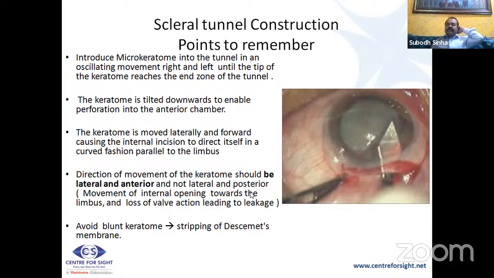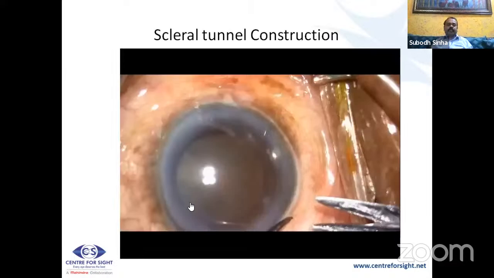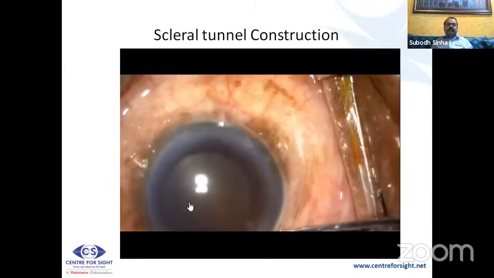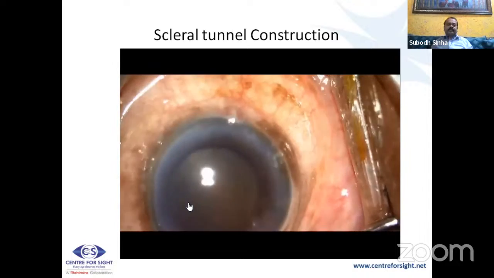You have to remember that while you are making an internal incision, the movement of the keratome should be lateral and anterior, not lateral and posterior, so that the valve action doesn't get lost. Always remember to avoid a blunt keratome that may lead to stripping of the Descemet's membrane.